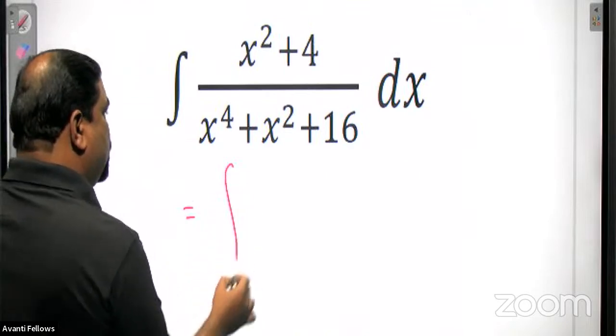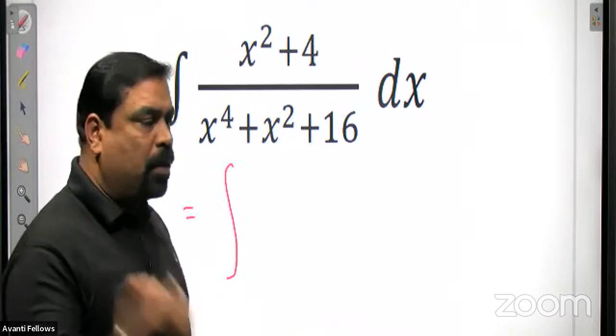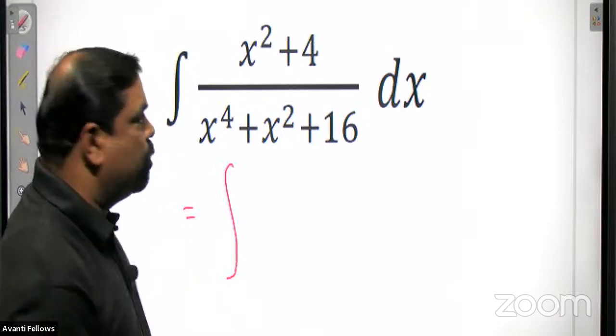What we have to do is divide the numerator and denominator by x square.